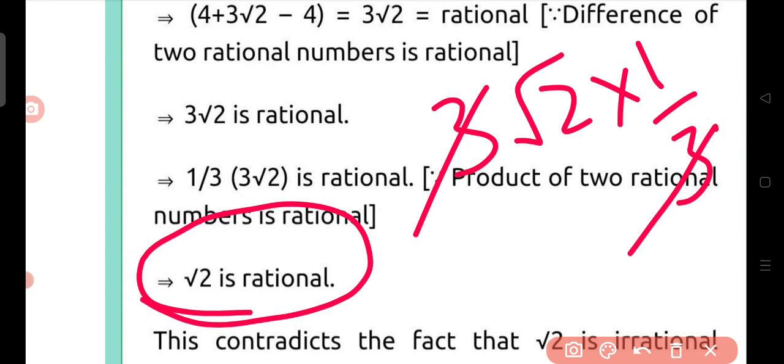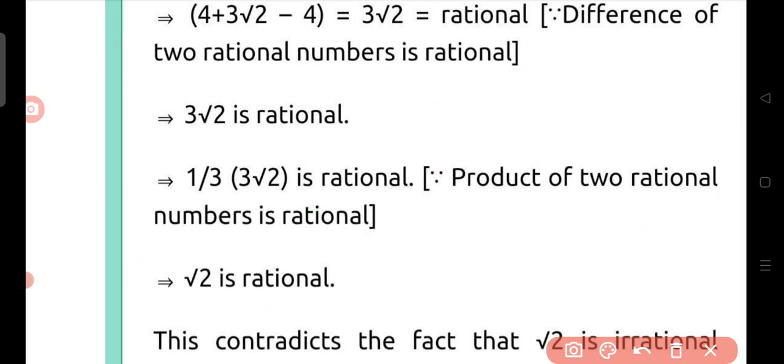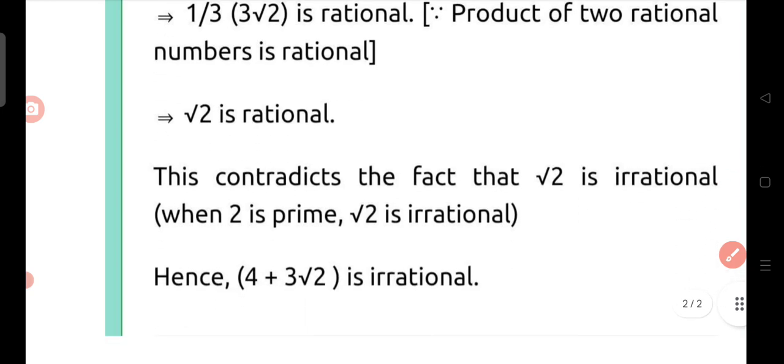The result will be rational, but we have seen that root 2 is an irrational number, so this is a contradiction. So we can say that this contradicts the fact that root 2 is irrational when 2 is prime.